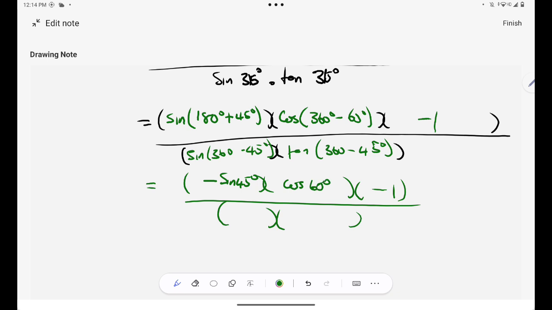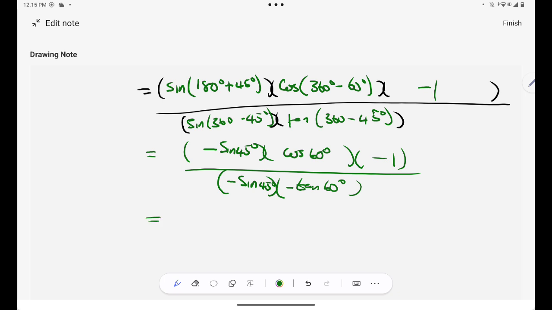Are we together? And then 360 minus as well is in the fourth quadrant where sine is negative, so I'll have a negative sine 45. And then 360 minus as well is in the fourth quadrant, so tan is negative there, so it's negative tan 60.